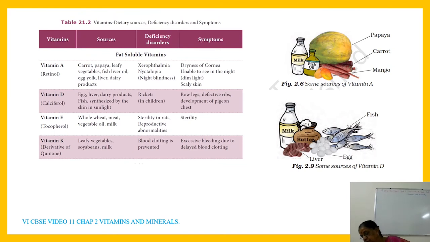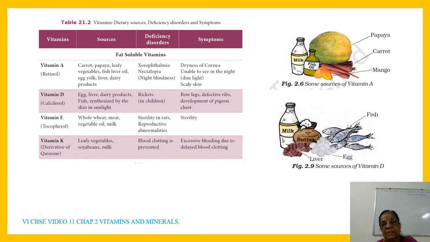And then sources, from the picture, you should know the sources of vitamin A and D. For E, whole wheat, meat and so on. Similarly K is leafy vegetables, as we have said. Are you clear? So just go through this table.